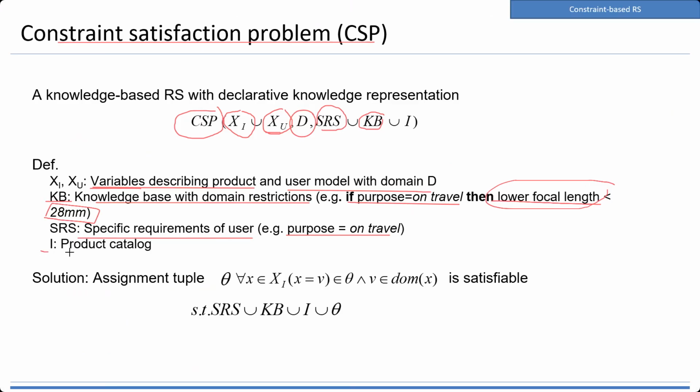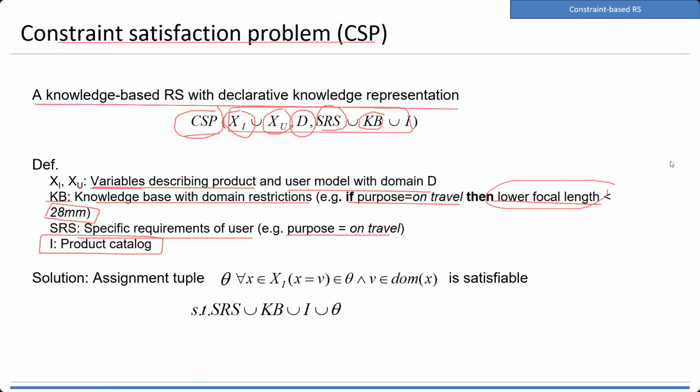And I is the product catalog. So the CSP means we want to satisfy this requirement, because this is a knowledge-based RS with declarative knowledge representation.